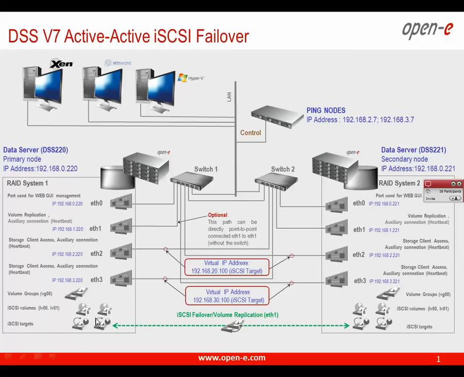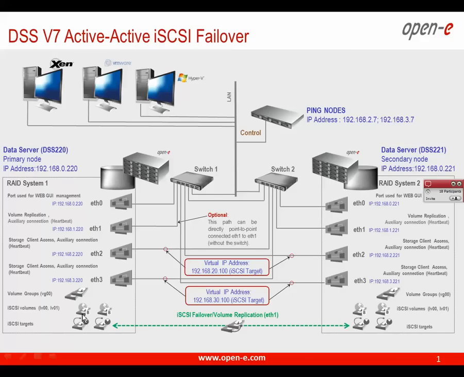In the past you needed two virtual IPs when you wanted multipath, but here there is still no multipath. The first volume group, in our case just one single volume, will be exported over the first virtual IP, and it will be active on the node on the left side. I will call it node A, or DSS 220.